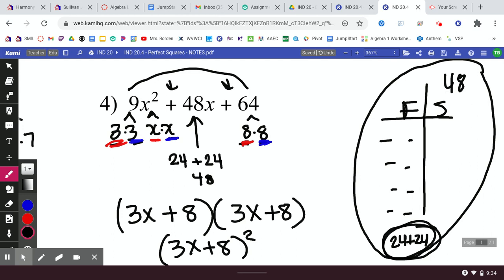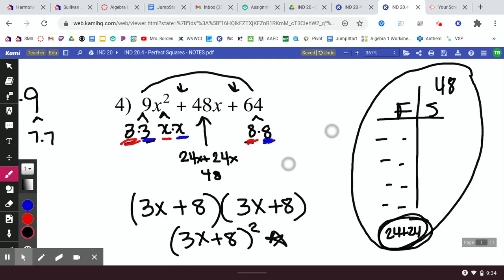And then you would replace 48x with 24x and 24x, and when you factored by grouping, you would get 3x plus 8 and 3x plus 8, and then you would write it like this. Okay, so this is a very unique case, and it only works when A and C are perfect squares, and when 3 times 8 is 24 and 3 times 8 is 24, and they add up to that center number.